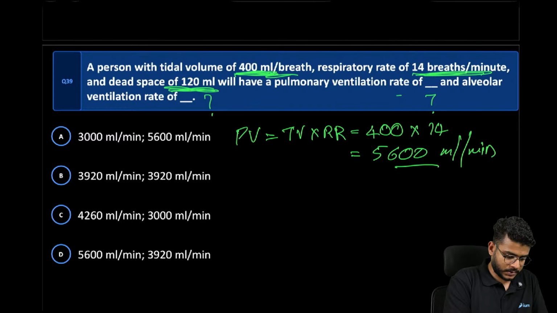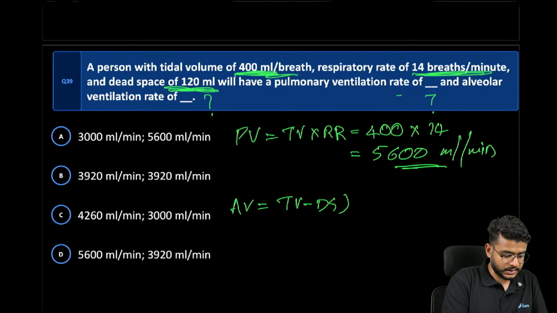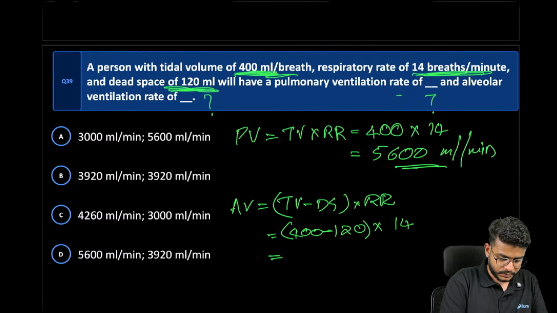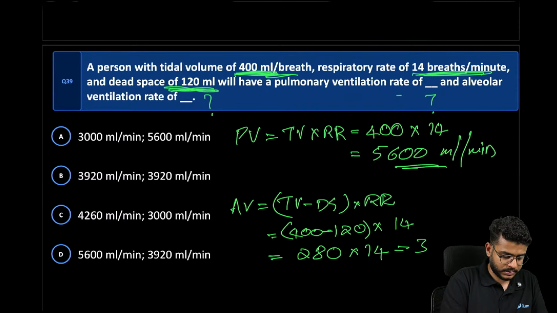Now the alveolar ventilation will be tidal volume minus dead space times the respiratory rate, which is 400 minus 120 into 14, which is 280 times 14, which will be 3920 ml per minute.